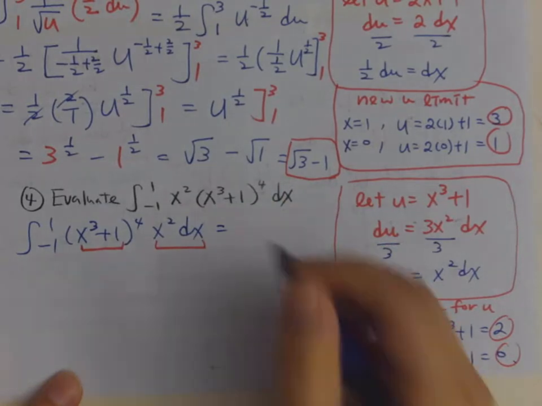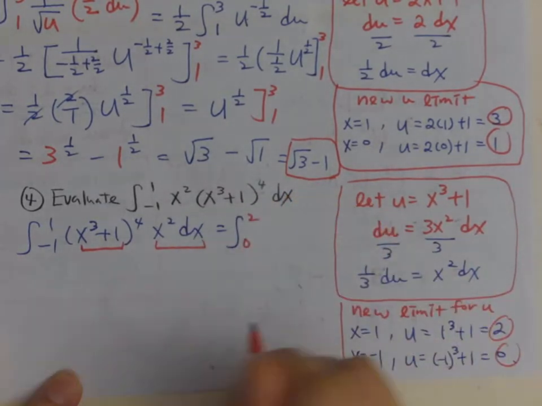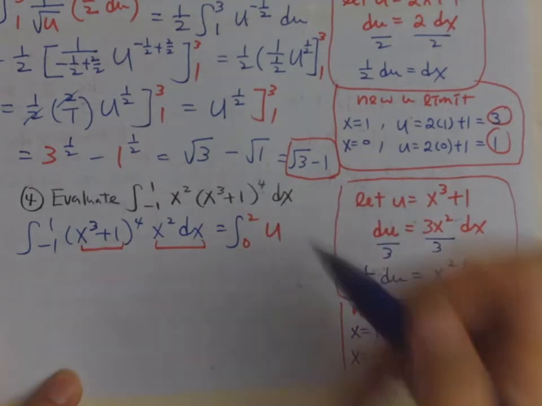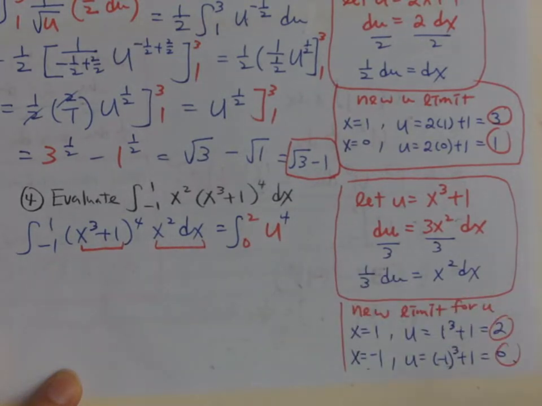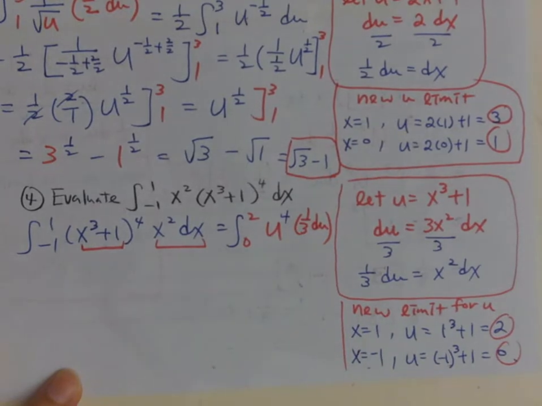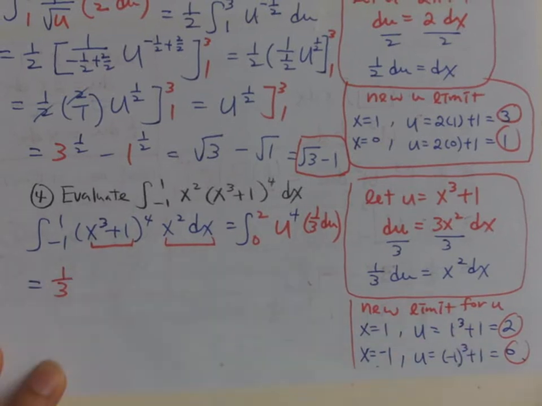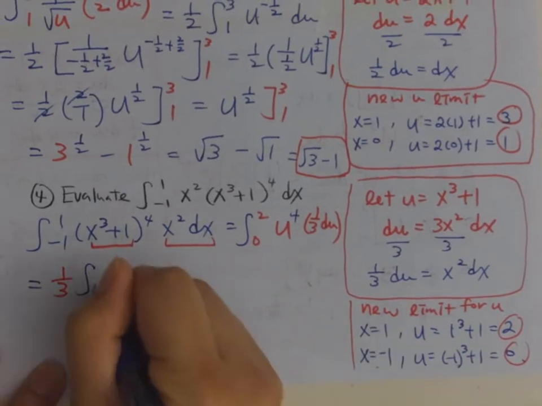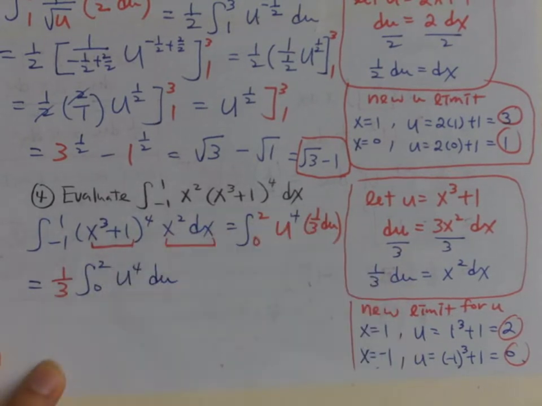So I can change it to the new limits, which is 0 to 2, and then this is my u to the 4th power. x squared dx is 1/3 du. Alright, so that's done. I can pull out the 1/3, right? 1/3, and then we got 0 to 2, u to the 4th du, right?